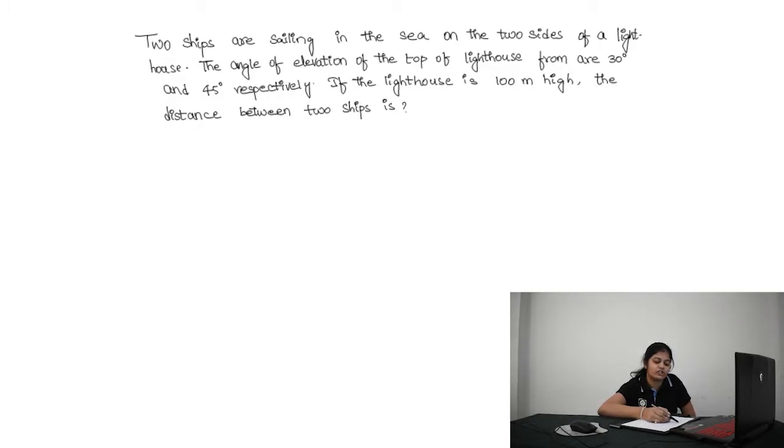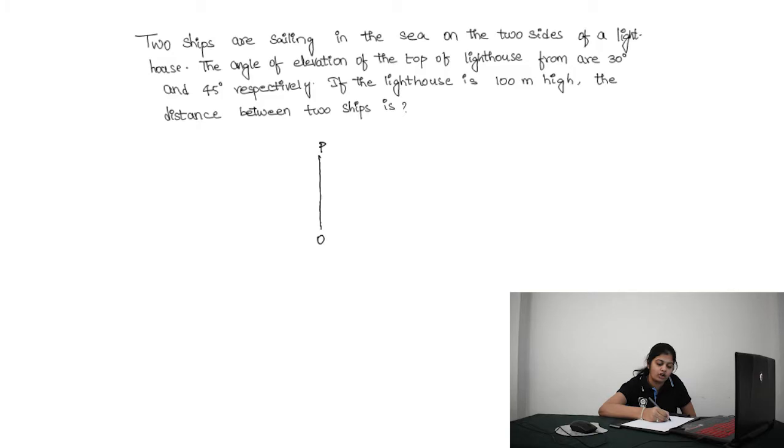Two ships are sailing in the sea on the two sides of a lighthouse. Let us assume that OP is a lighthouse. The angles of elevation of the top of the lighthouse from the ships are 30 and 45 degrees respectively.